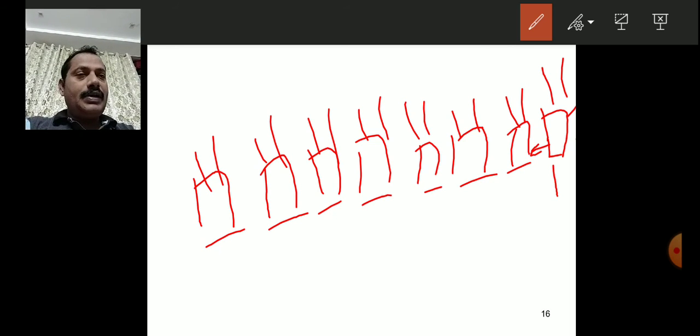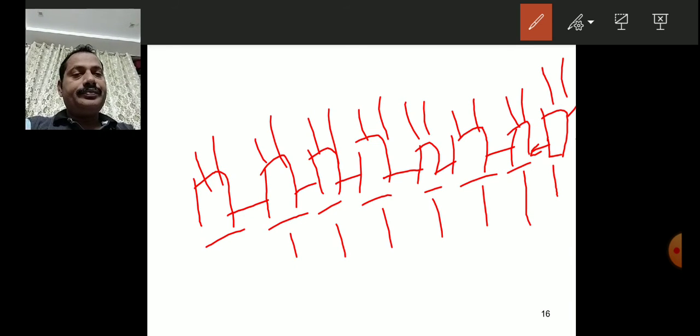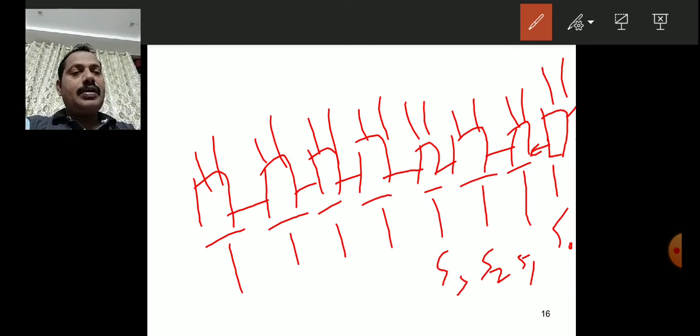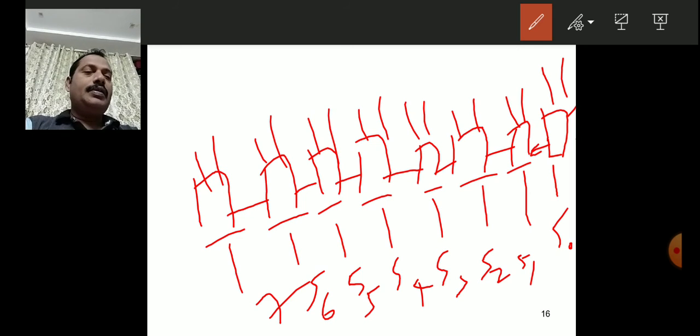You have to connect the generated carries like this, and the sums you will get like this. These are the sum bits: S0, S1, S2, S3, S4, S5, S6, S7, like this. Total 8-bit sum. So you have to develop the circuit like this.